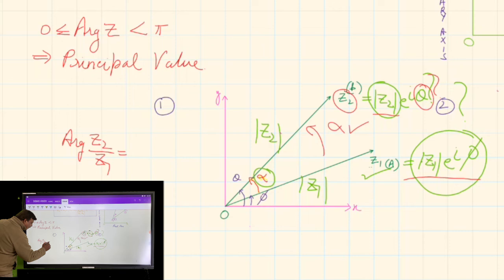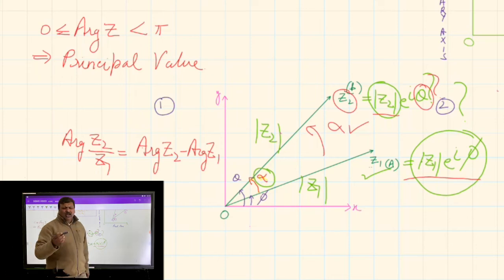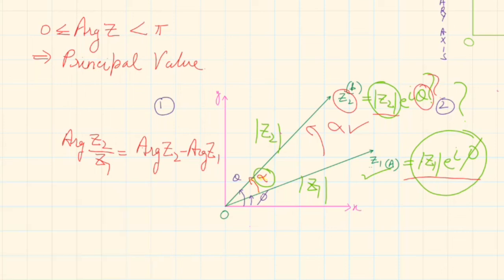Now, argument Z2 by Z1, if you correctly remember, is argument of Z2 minus argument of Z1. Sir, we cannot remember anything. What are you talking about? Students, have you forgotten that the complex number Z1 or Z2 can be expressed in Euler's form?